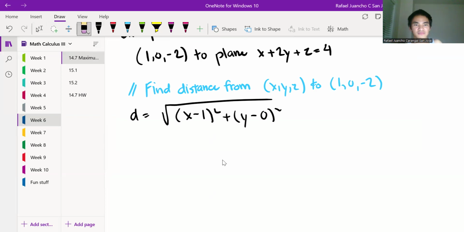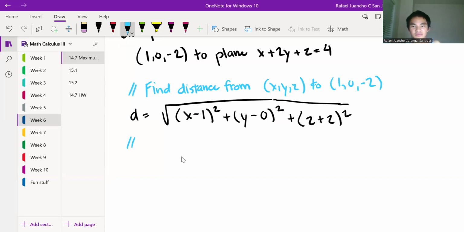I'll just put the whole thing. I'm not gonna leave any assumptions here. And then z plus 2, right? And then we're gonna say, if it lies on that plane, then we simplify z.